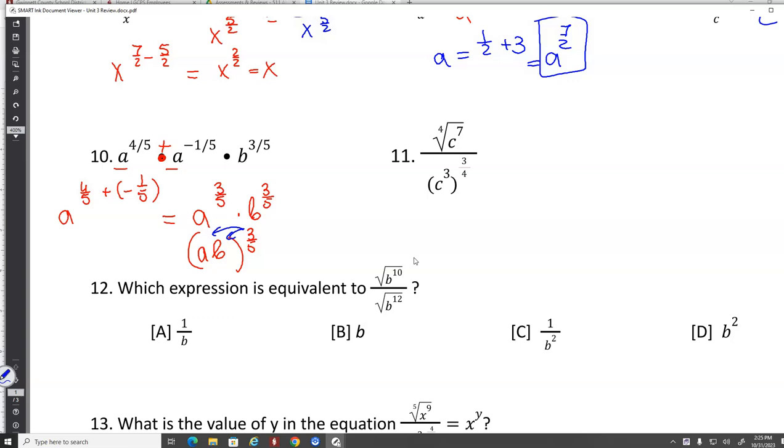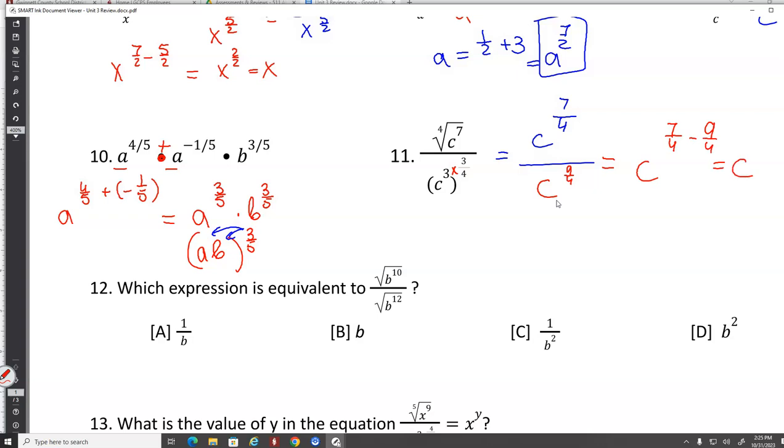And now example 11, again, the top, I need to convert it into exponential form. So this is going to be C in the fraction, 4 goes on the bottom and 7 goes on the top. Of course, on the bottom, I have to multiply these two, 3 times 3/4. Okay, so that is going to be 9/4. Now, when they are both in exponential form, I am ready to subtract bottom from the top. So that's 7/4 minus 9/4.